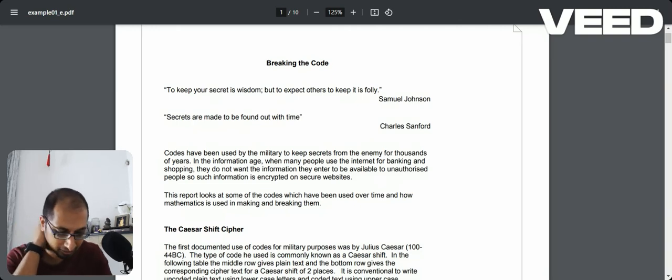So the first assessment criterion is communication, criterion A. If you look at the rubric, at the document I've created on the different assessment criteria, you'll see that for criterion A, communication, it's clearly written that you need to have an introduction in your exploration.